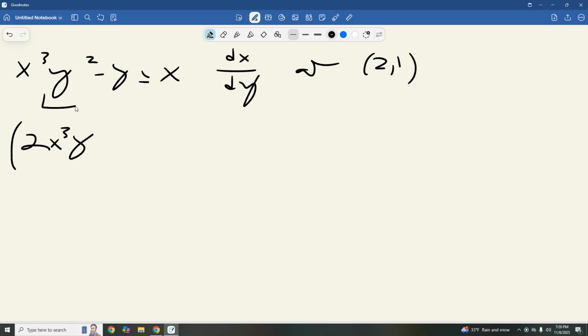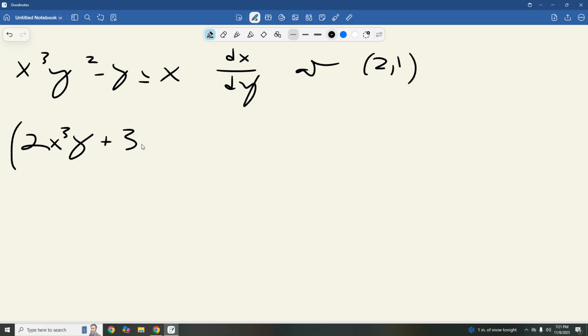Here we are deriving the y because of the product rule, but we're not adding the dy over dx because it's reversed this time, and we're actually taking the derivative with respect to y this time, so it's different. Okay, fine, it's good.